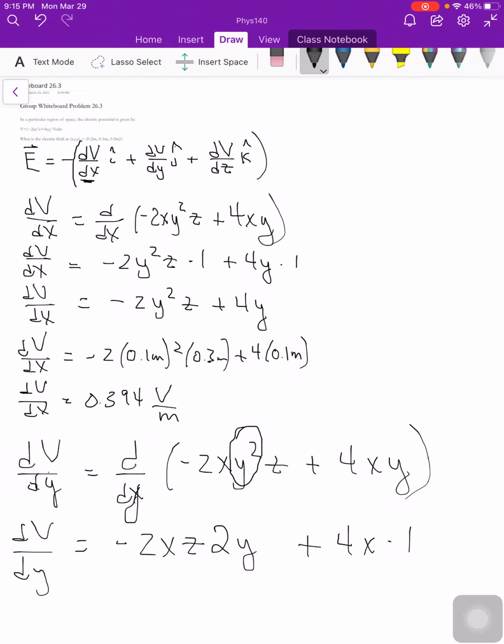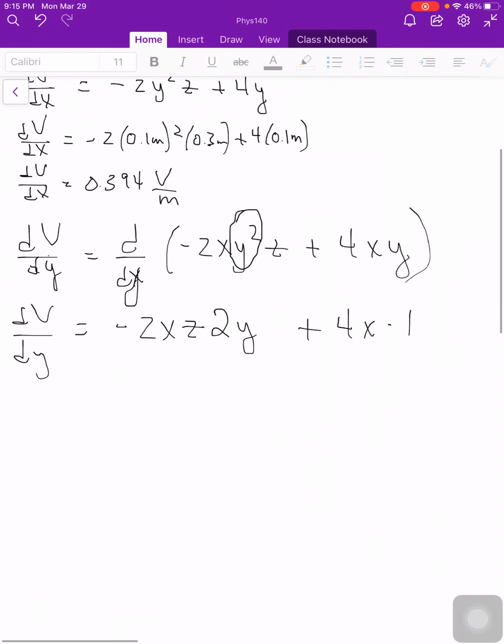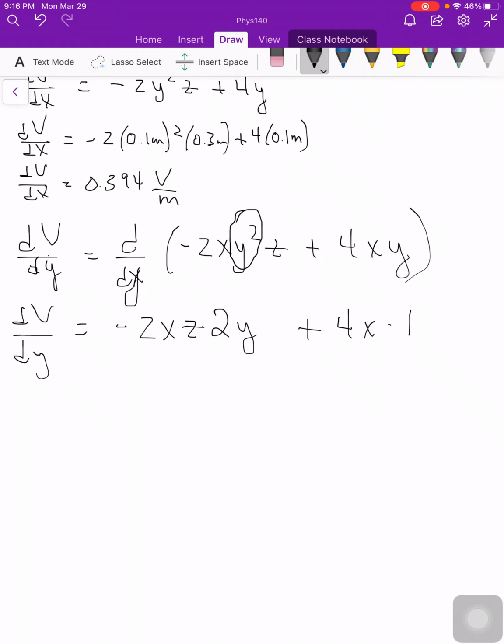So dV dy is equal to negative 4xyz plus 4x.